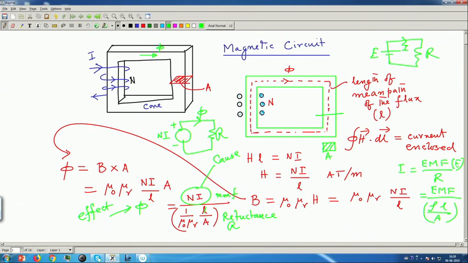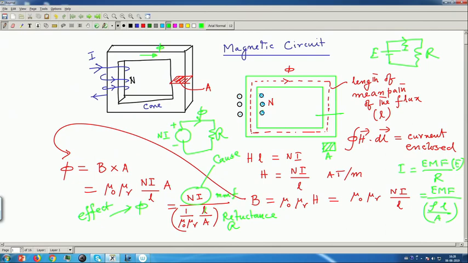Reluctance into flux will give me N I, and if I know the number of turns, I will simply divide that N I by N to get the current necessary. Anyway, these are known stuff, and we have a magnetic circuit like this. I will presume that you know about it, so no question of further telling about it.